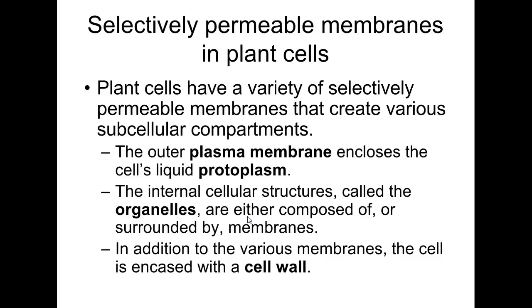Now, let's talk about the cell. And we have a lot of membranes. We've got a plasma membrane, and then if it's a mature cell, we've got a vacuole that's almost all of the cell, and then we have organelles.